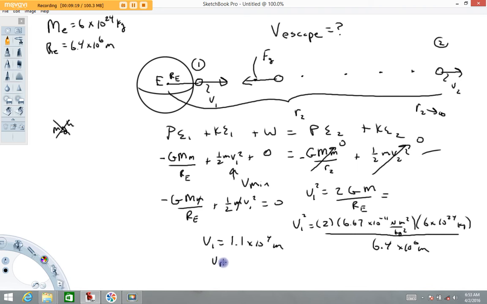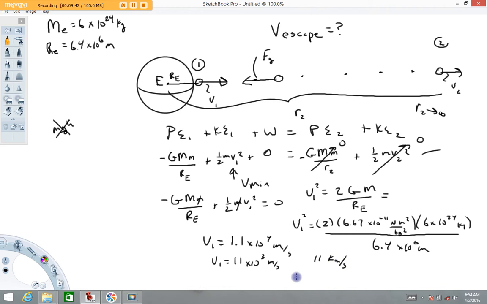And I like to write this as about 11 times 10 to the 3rd meter per second, not meters, meter per second. Or in other words, about 11 kilometers per second.